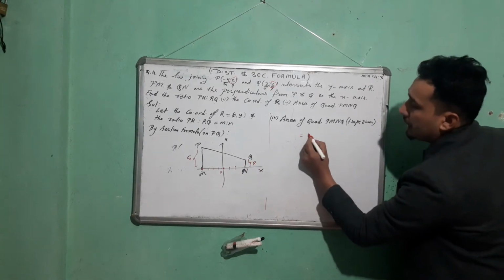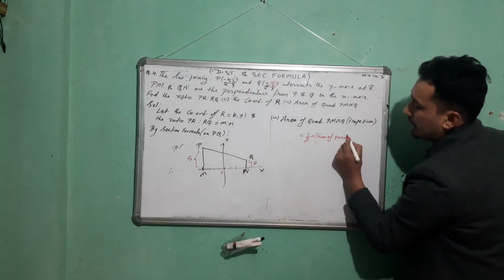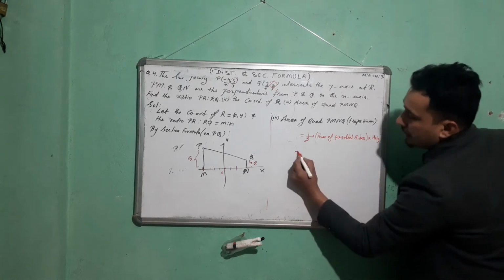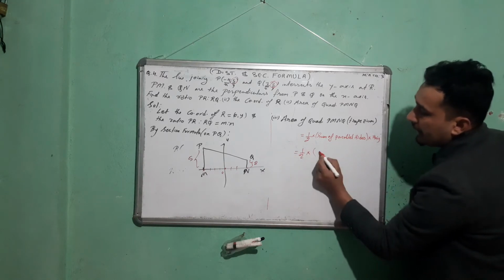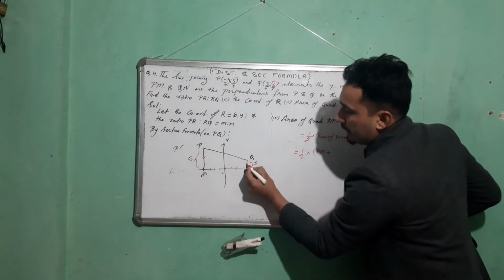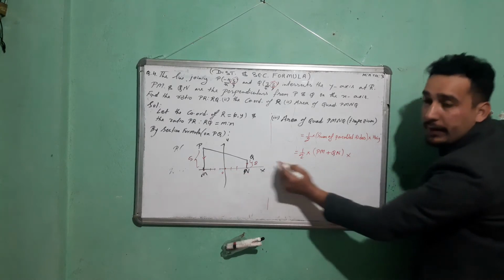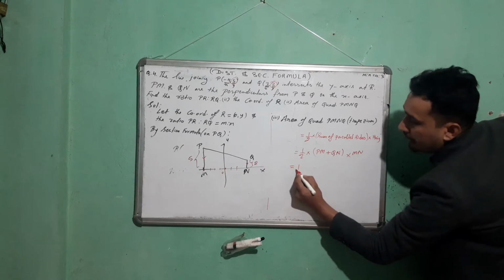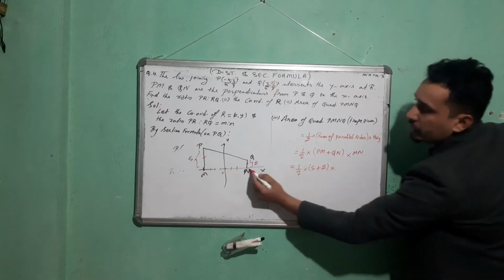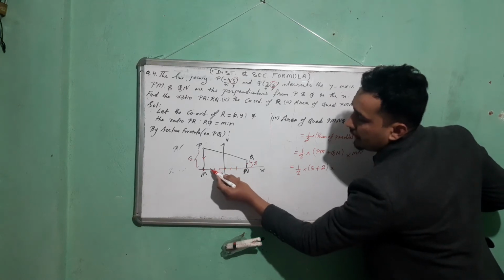So area of this will be half into sum of parallel sides into height. So half into parallel sides means PM, sum means plus. PM is parallel to this QN, so PM plus QN into height means MN. So half into PM is 5 plus QN is 2 into height, here to here. You can count the gaps: 1 2, here to here is 1 2 3 4 5 6 and 7.